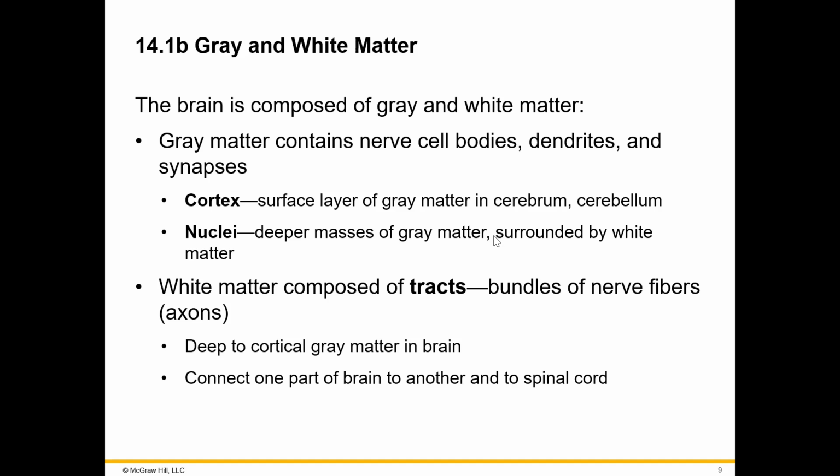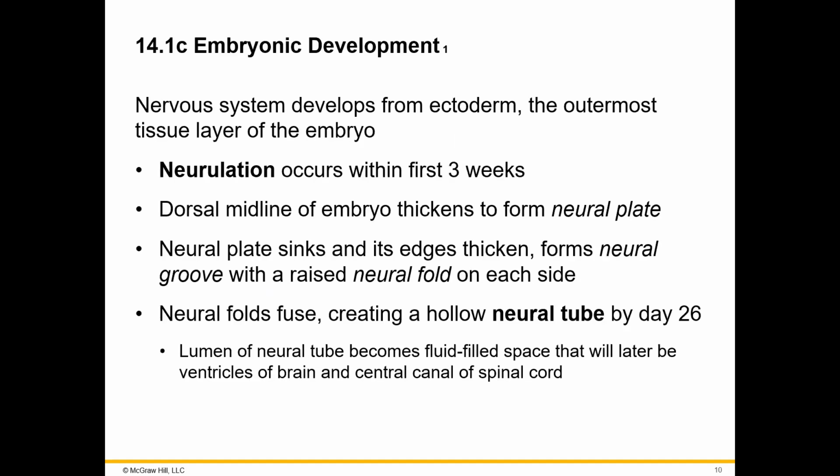White matter is composed of tracts. These are bundles of nerve fibers known as axons. These are deep to the cortical gray matter in the brain, and they connect one part of the brain to another and to the spinal cord. So the nervous system develops from the ectoderm, which is the outermost tissue layer of the embryo.